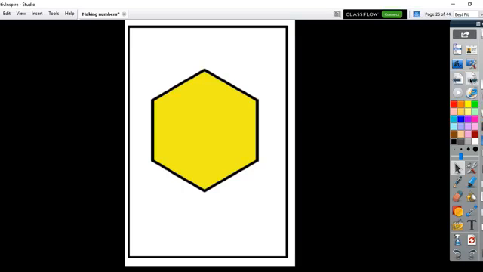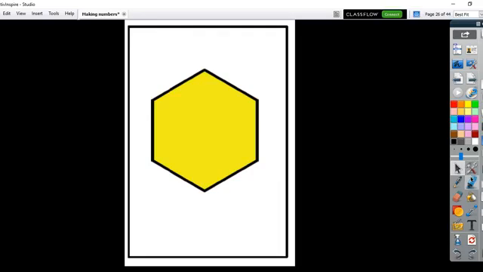All right. This is a 2D shape. This is a hexagon, and it has 6 sides and 6 corners. Another word for corners is vertices. We actually use the word vertices a lot because it's the actual mathematical term for corners. So vertices and corners you can use interchangeably. We just tend to use vertices more.